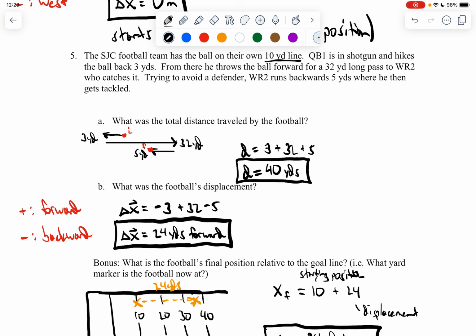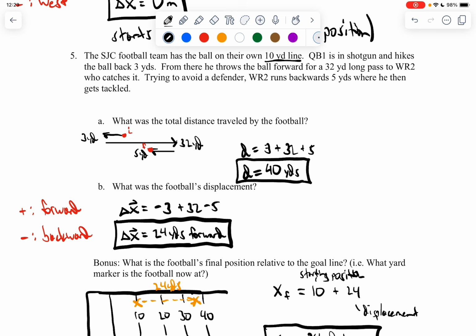The throw from the quarterback is then going to be forwards, so positive 32 yards. And then when our wide receiver runs backwards 5 yards to avoid the defender, backwards is negative direction, so we'll subtract the 5. So -3 plus 32 minus 5, that gets us a positive 24.